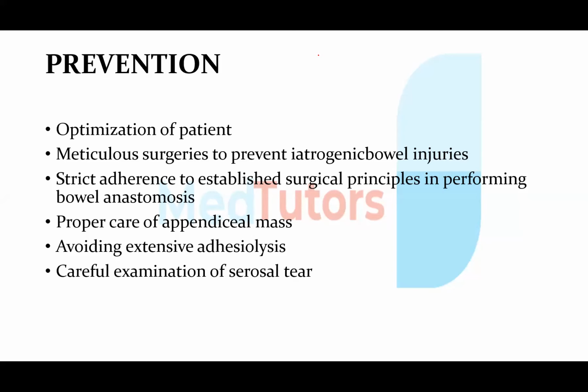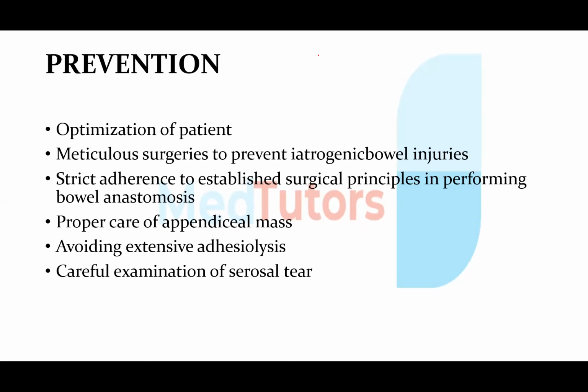You need meticulous surgery to prevent iatrogenic bowel injury. You are putting tension as if you are tying ropes. No. If you are putting excessive and undue tension on your anastomotic line, you are going to strangulate the blood supply to that anastomotic line and it is going to dehisce. Strict adherence to established surgical principles in performing bowel anastomosis.